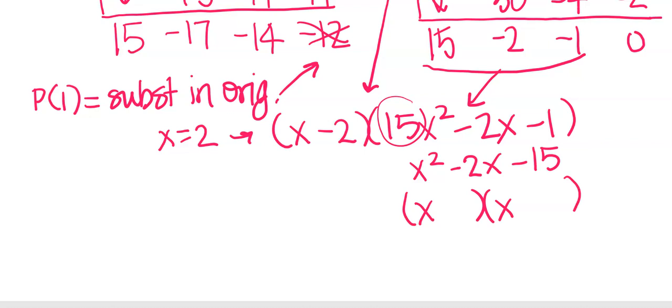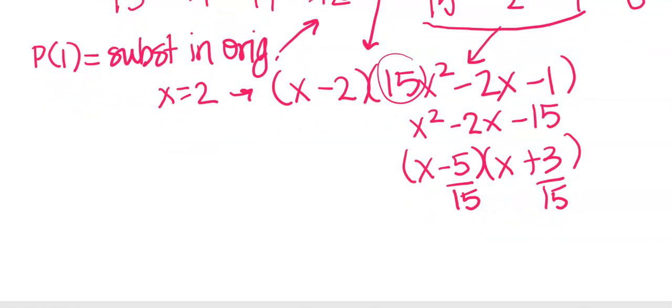So we have, which one's negative? And then we swung the 15, so we need to swing it back in, which gives us x minus 1/3 and x plus 1/5.